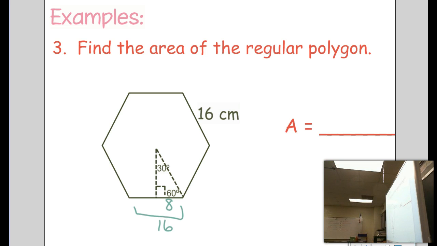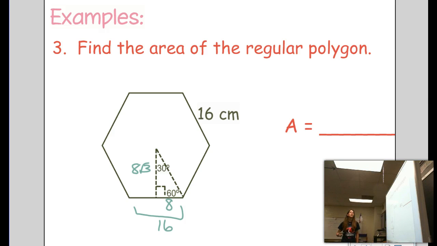Melanie, how long is the apothem? In other words, what is x? Wonderful answer. 8 root 3 is correct. Very good job. We don't care about the radius. There's no reason to get the radius. Our formula doesn't have an r in it.